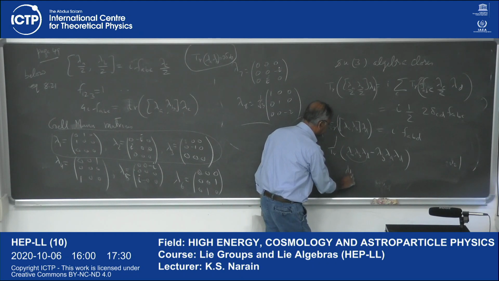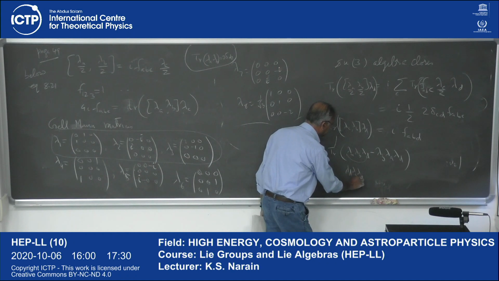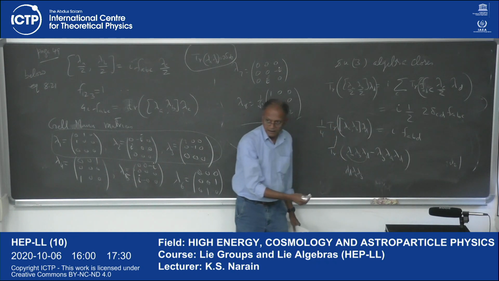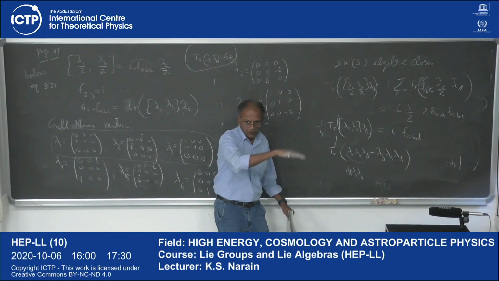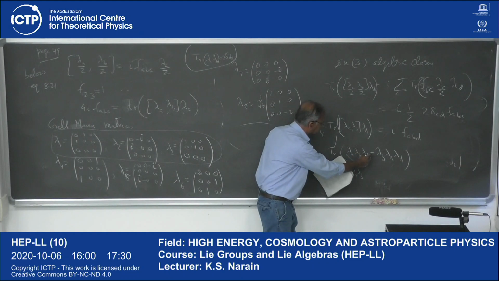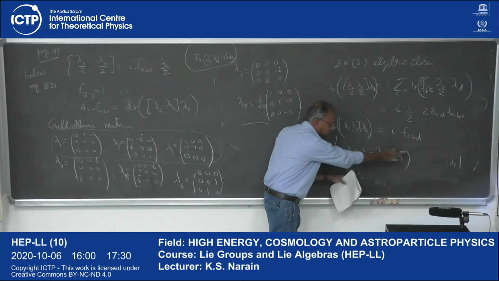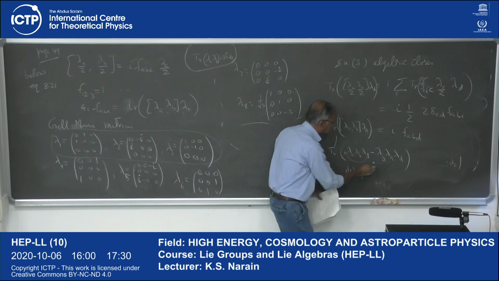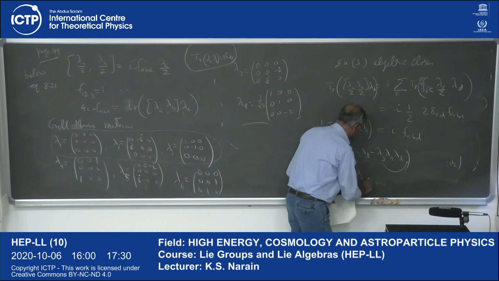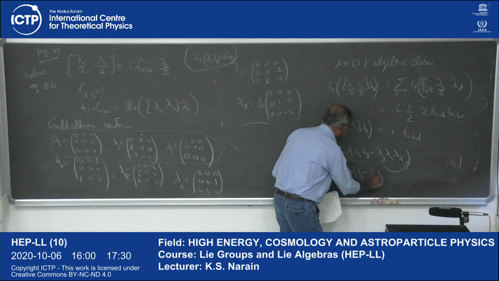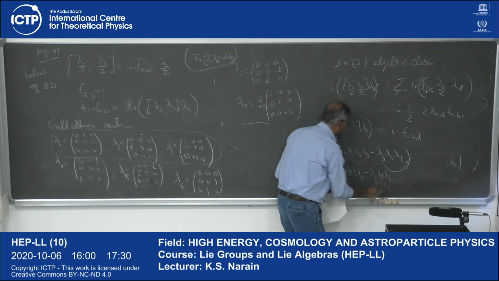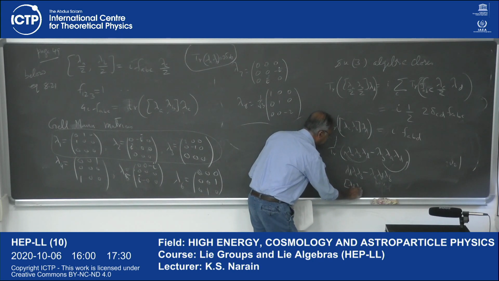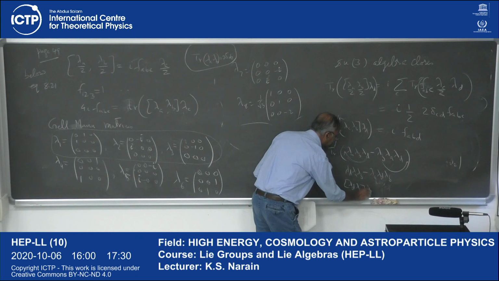This is lambda D, lambda A, lambda B, and here move the lambda D there cyclically. In the trace, you can always move. There are two different terms, right? The trace of this minus the trace of that. So here I move here, here I move there. So this becomes minus lambda A, lambda D, lambda B. But that's the same as the commutator of lambda D, lambda A with lambda B.